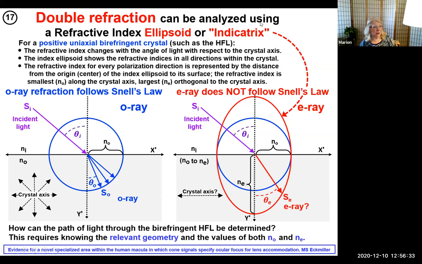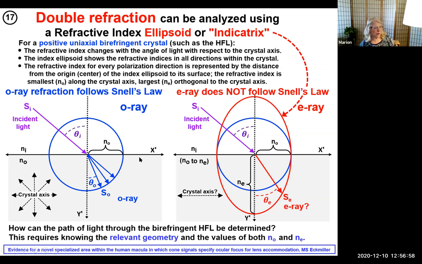Double refraction is usually analyzed using what's called a refractive index ellipsoid, or indicatrix. On the right here, you see this ellipse. That's going to help us calculate the path of the E rays. For simplicity, let's first look over here on the left. The O rays, in blue, follow Snell's law.